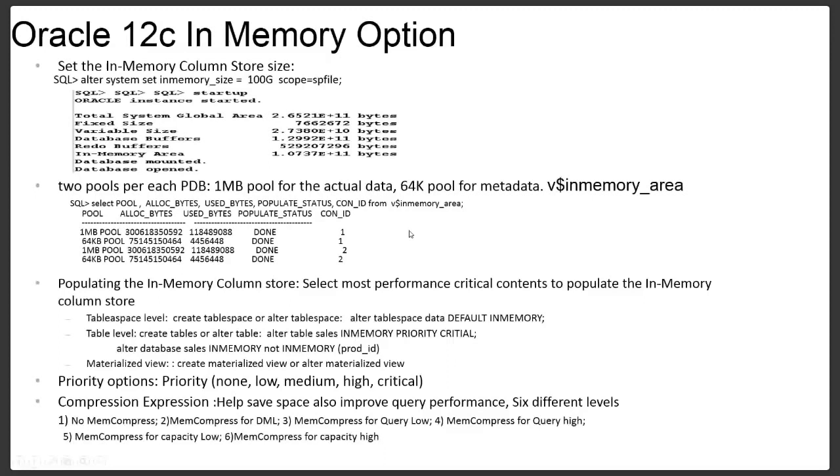The next important option is called a join group, which is also very useful. This is designed to speed up some join operations. As we know, the tables stored in the in-memory store have been compressed.